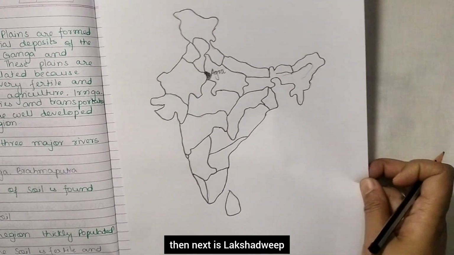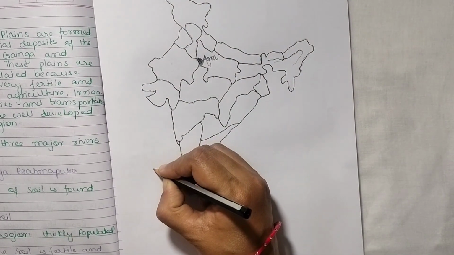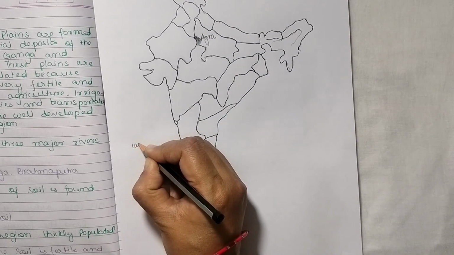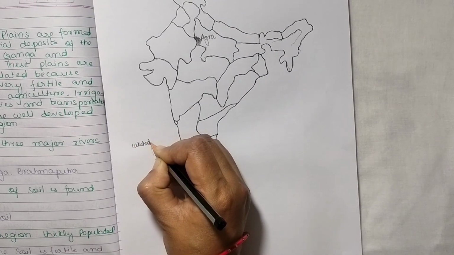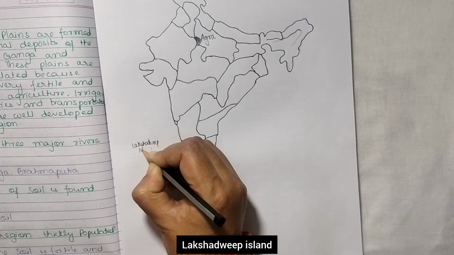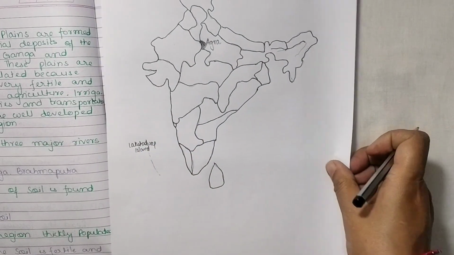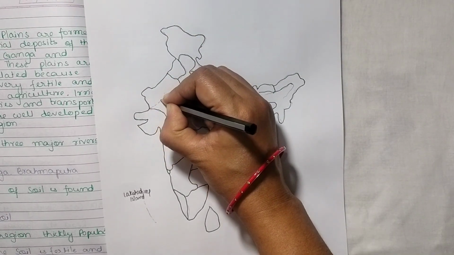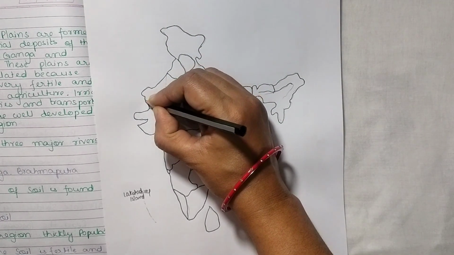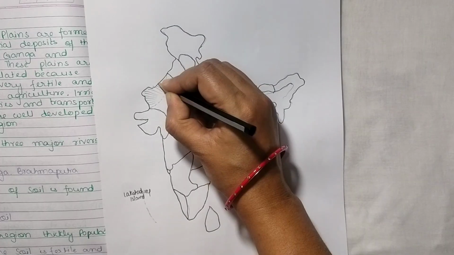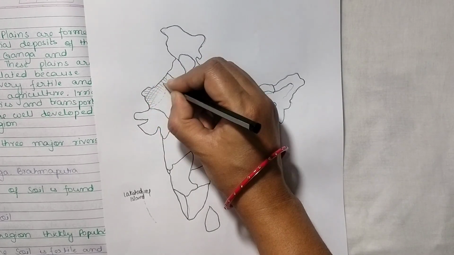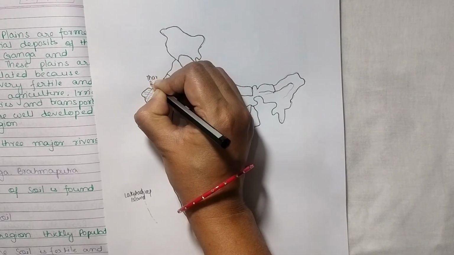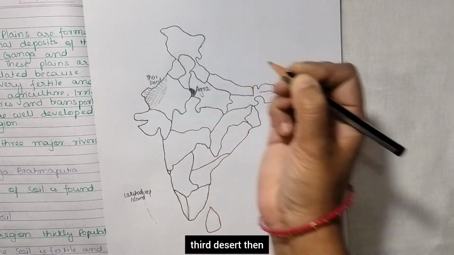Then next is Lakshadweep. So, Lakshadweep Islands, right? Then Thar Desert is there. It is in Rajasthan. Thar Desert.